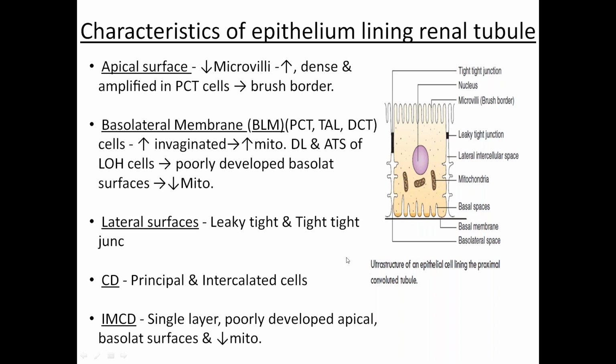And the intercalated cells have a high density of mitochondria. That is the difference between these two cells. And then your inner medullary collecting duct is composed of a single layer of cells that have poorly developed apical and basolateral surfaces and few mitochondria. Okay, so this is about the epithelial lining of the renal tubule.